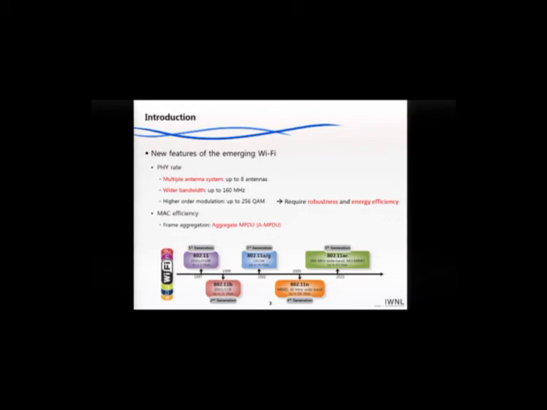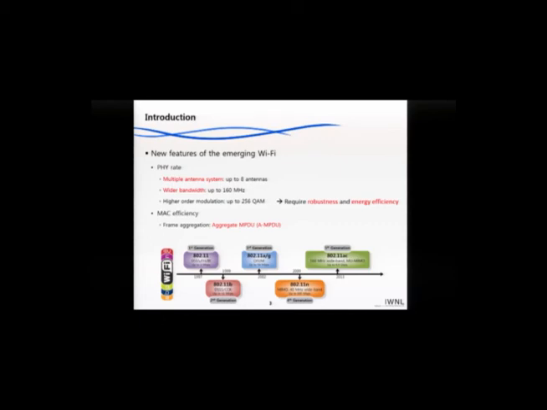For example, MIMO and wider bandwidth were defined. The 11ac standard defines up to 8 antennas, while commercial devices normally support up to 3 antennas. Up to 160 megahertz bandwidth is defined, while today's 11ac products normally support up to 80 megahertz.